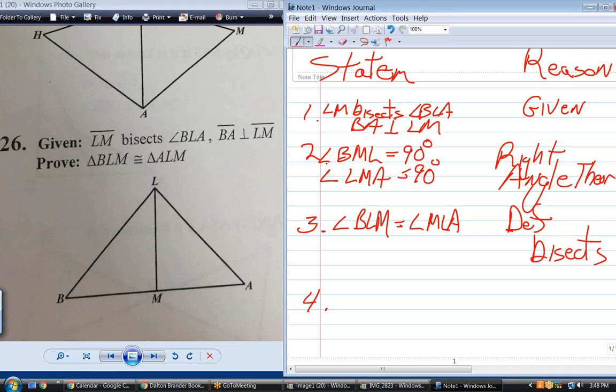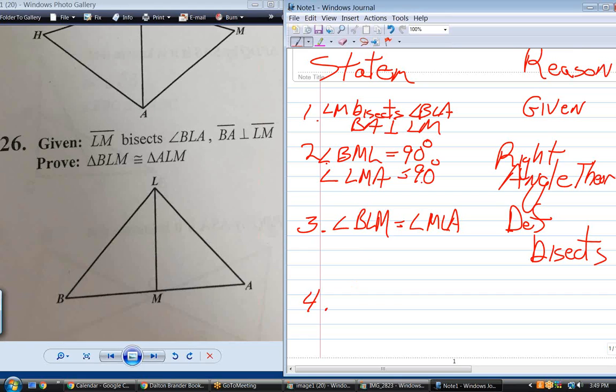Unless it's a right triangle, you almost always need three pieces of information. So we have an angle. That angle is equal to that angle, and this angle is equal to this angle. Something else we need. If that angle's bisected, wouldn't you have two equal angles? And that way you'd have ASA.